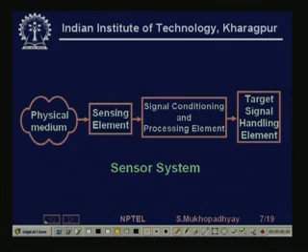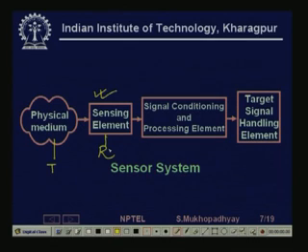So what is necessary? Very simple. First of all, you need something which will convert the physical medium, let us say temperature, into some other form so that an electrical signal can be generated. So maybe the sensing element will convert this to a resistance change.